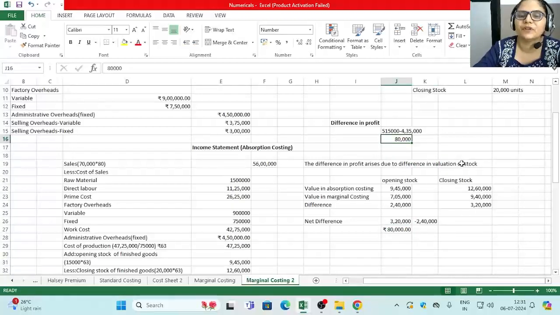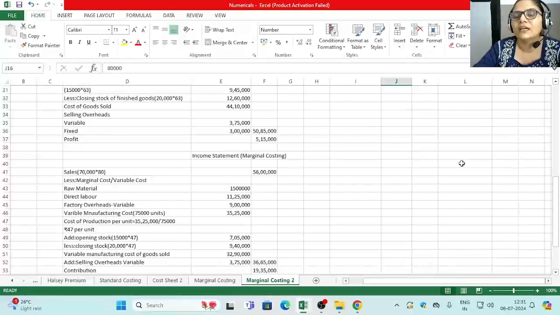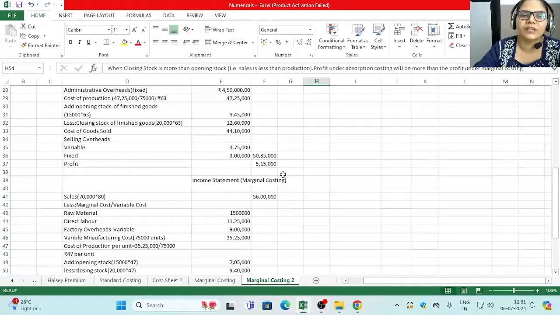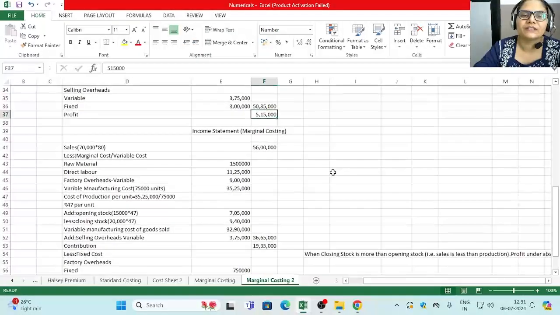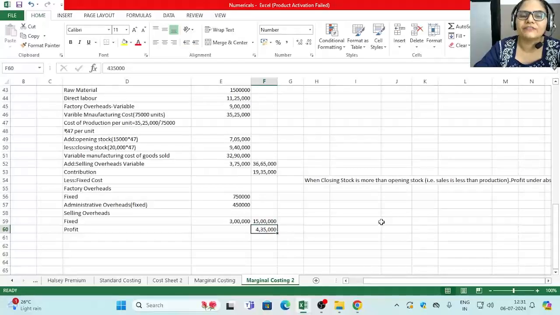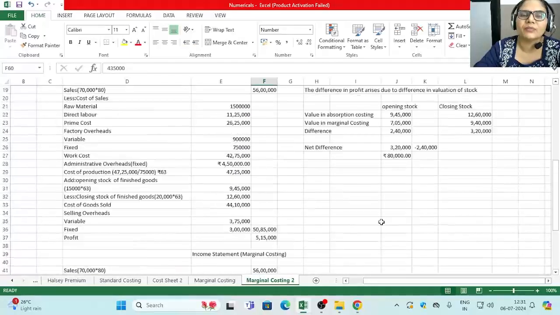A similar difference is found in case of profit. And when closing stock is more than opening stock, profit under absorption costing is more than marginal costing. Similarly, you can see 5,15,000 is the profit under absorption costing and 4,35,000 is the profit under marginal costing.